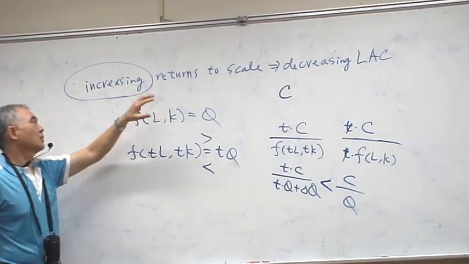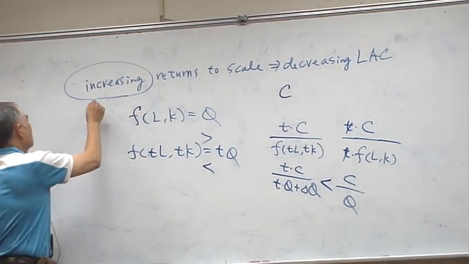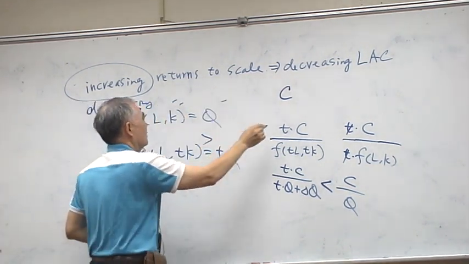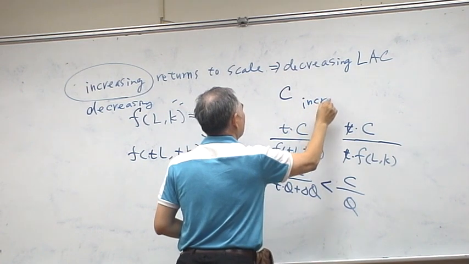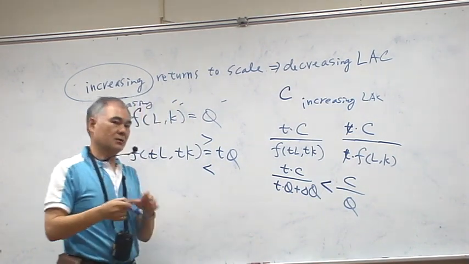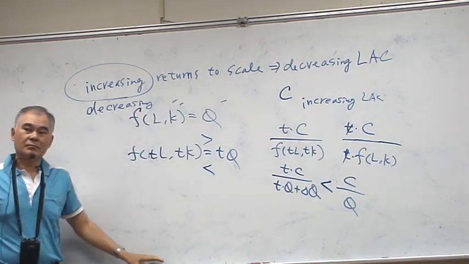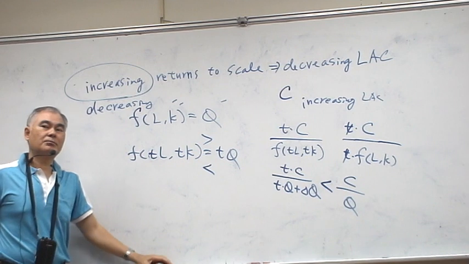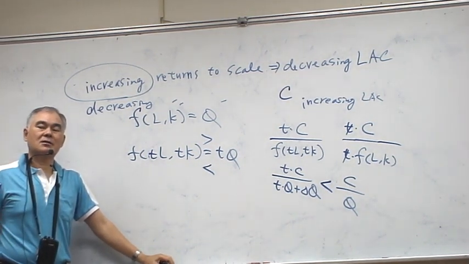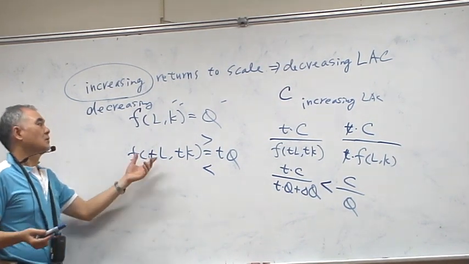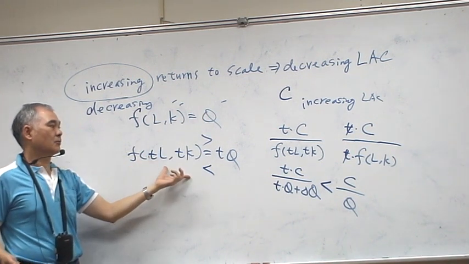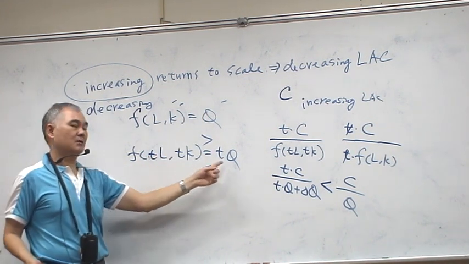On the other hand, if you have decreasing returns to scale, then you will have an increasing long run average cost curve. So it's very simple. In terms of dealing with economics, you always need to know the definition. So what's the definition of returns to scale? It is here. And increasing returns to scale is greater than tQ.